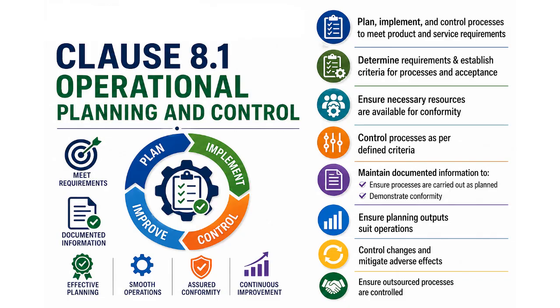Any planned or unexpected changes must be reviewed and controlled to minimize risk and maintain operational stability. Additionally, outsourced processes must also be effectively monitored to ensure overall quality compliance. This clause is essential because it builds the foundation for process consistency, product conformity and customer satisfaction.